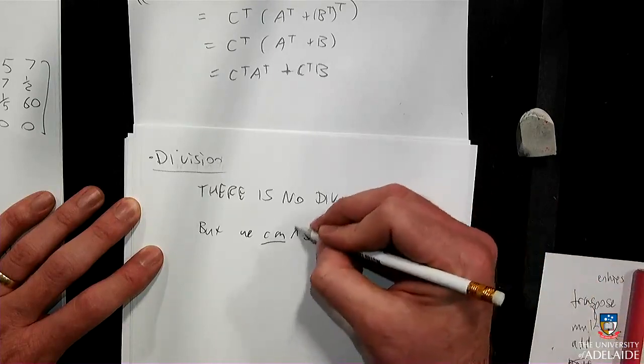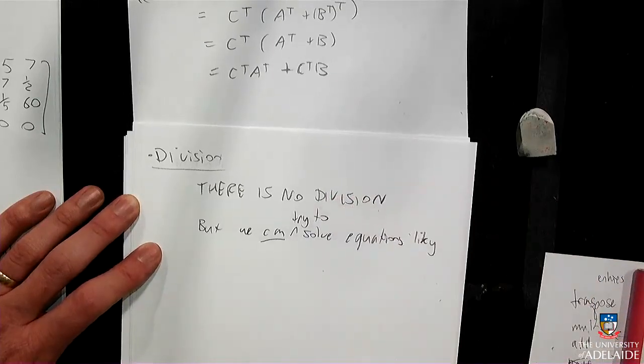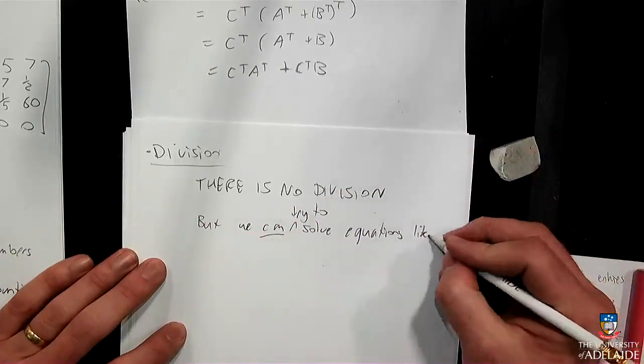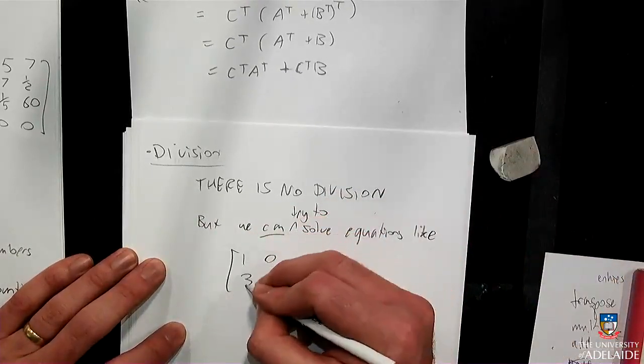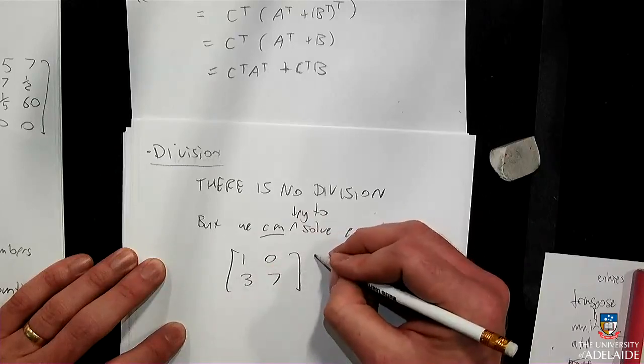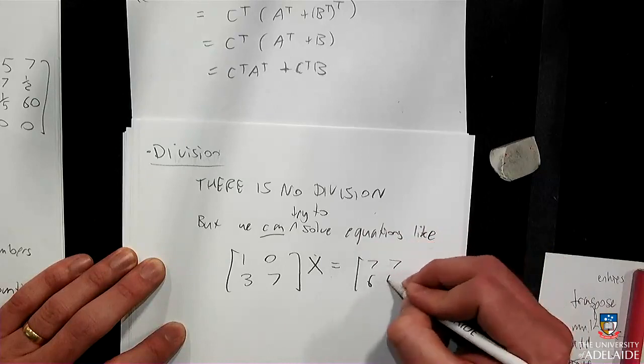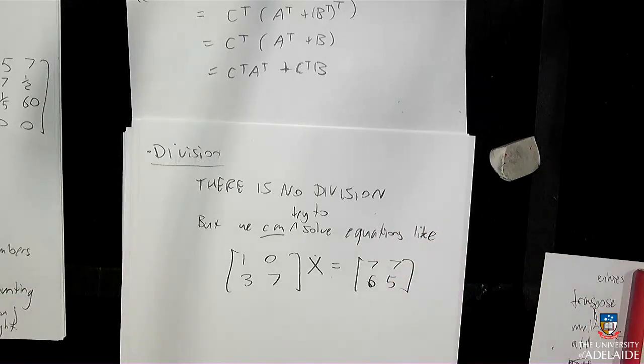Well, we can try to anyway. We can try to solve equations where we have a matrix times an unknown matrix equals some other matrix.